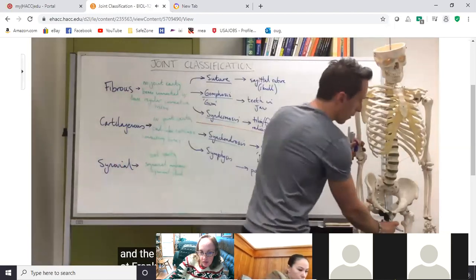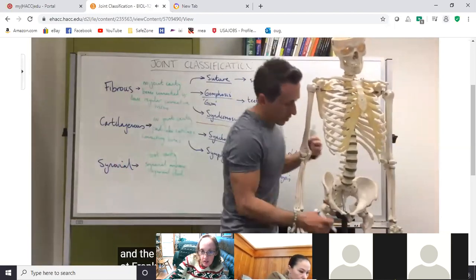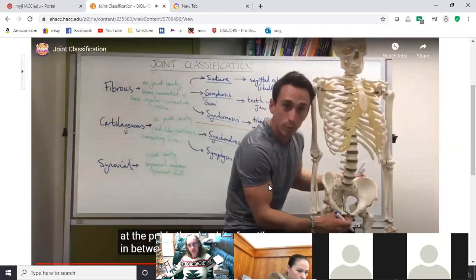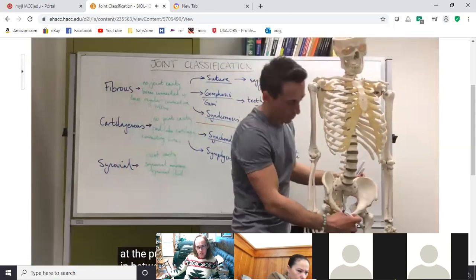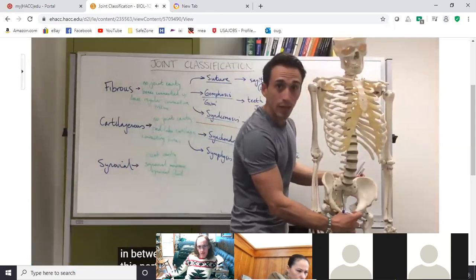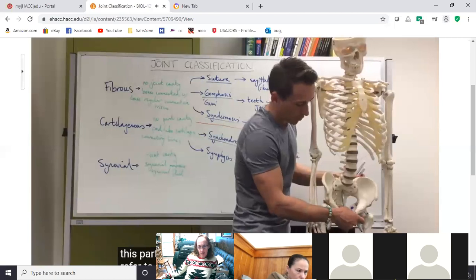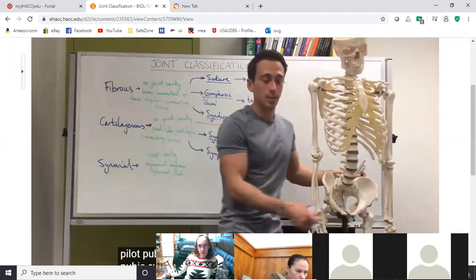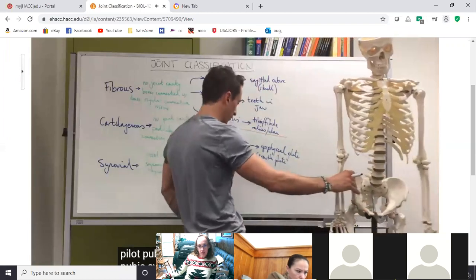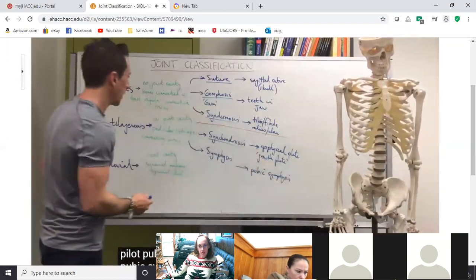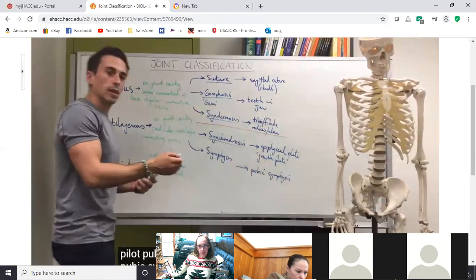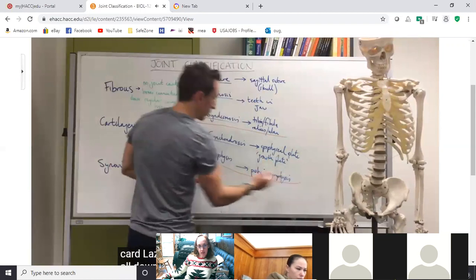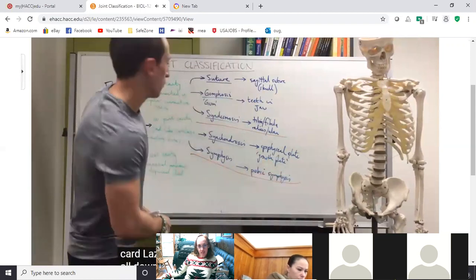If we have a look at Frank, for example, you'll find that here at the pubis, there's a bit of cartilage in between, and this cartilage is between this part of the hip, and this is what we call the pubic symphysis. Okay, that finishes the cartilaginous joints. I'm sorry about this little downward curve for my writing.